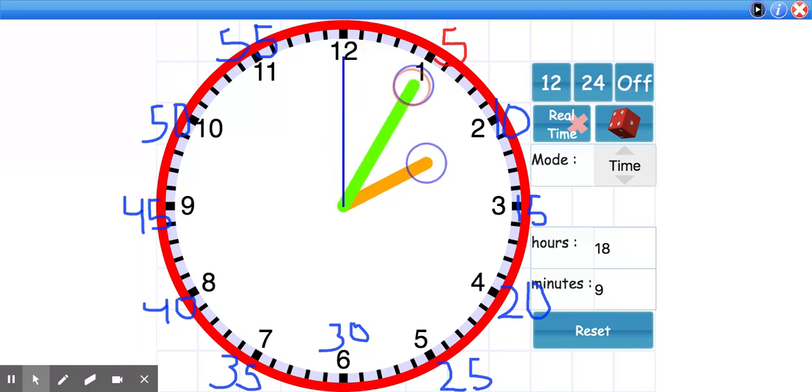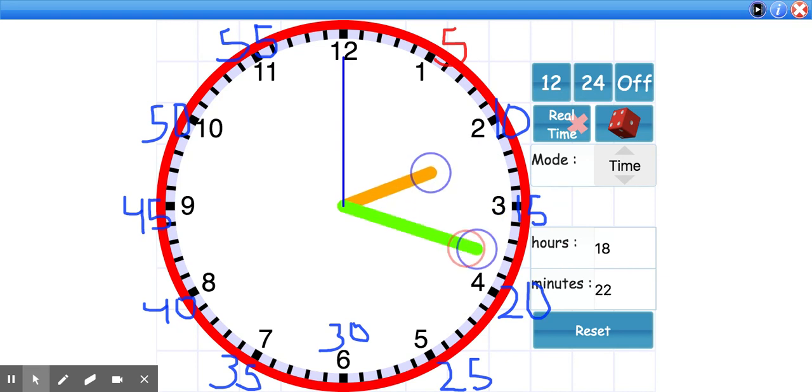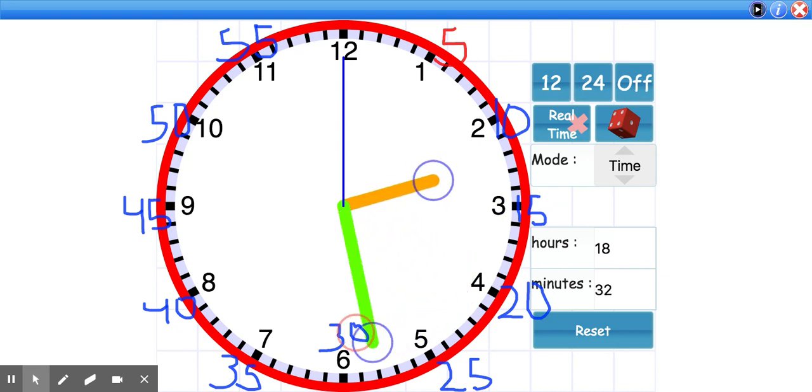Now, I'm going to move my minute hand down here. Now, once again, look. My hour hand has moved halfway between the 2 and the 3 because my minute hand has now gone halfway around the clock.